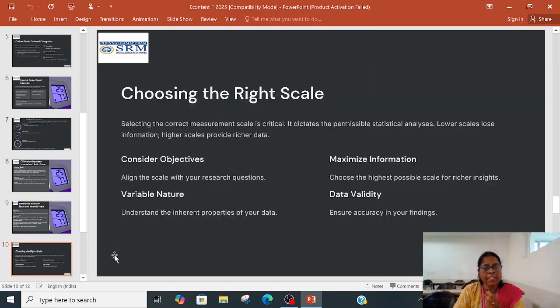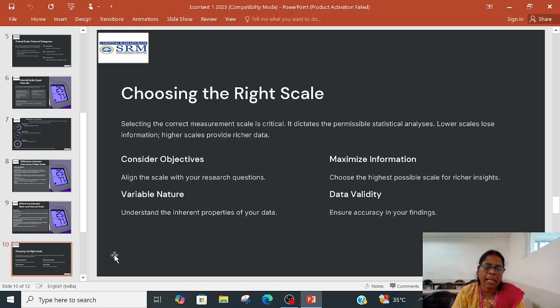Now, choosing the right scale for the research is very, very important. Selecting the correct measurement scale is critical. It dictates the permissible statistical analysis. Always use higher scales rather than lower scales. Lower scales lose information. Higher scales provide richer data. Consider objectives.